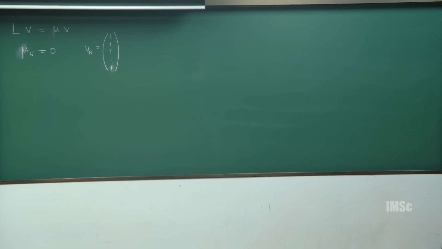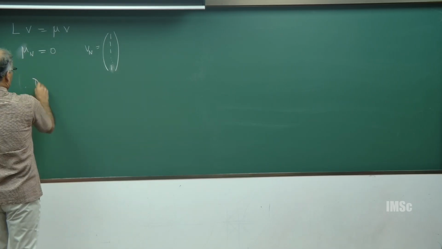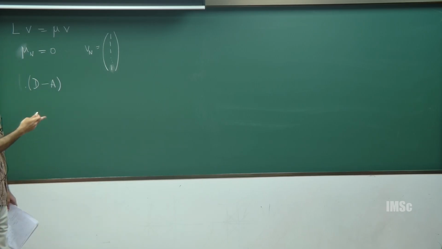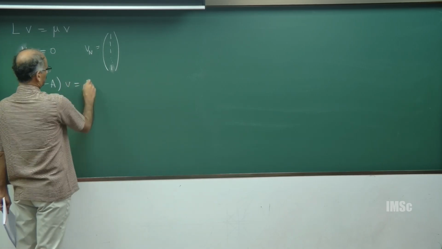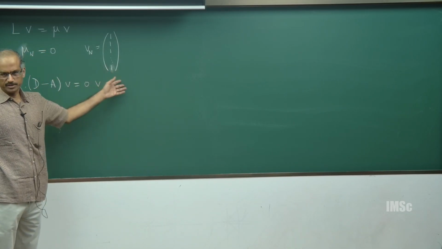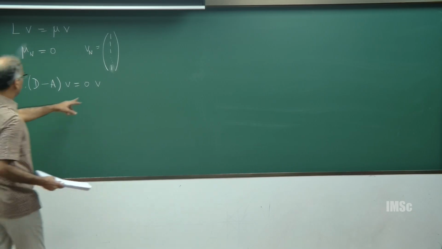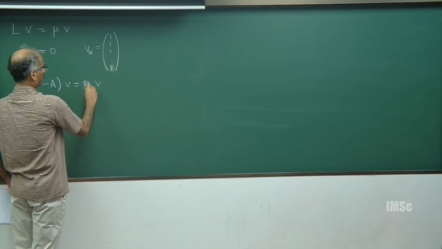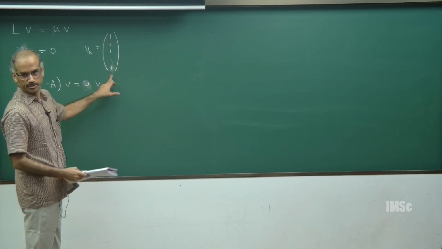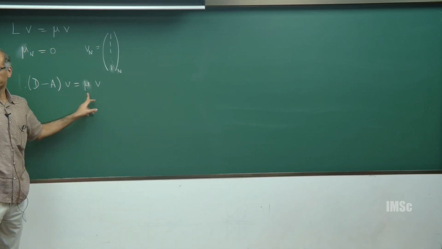I want to save time, so I will not do the proof, but you can check this yourself just from this definition of L. All you need to do is ask the question: D minus A, where D and A are matrices acting on V, gives you mu times V. You can take V to be a column matrix like this with n elements, put them here, and you can show that mu is 0 in that case.